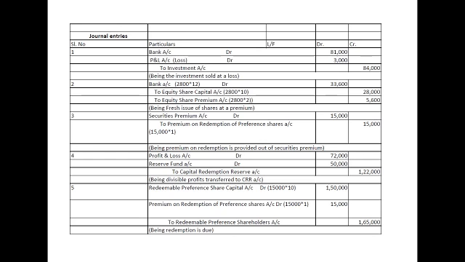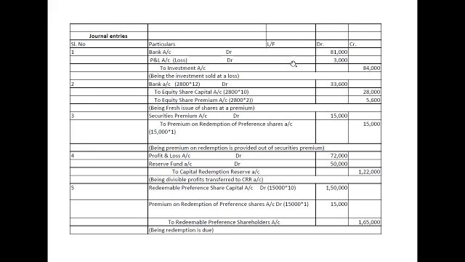Next one, with respect to the fresh issue of shares. So when equity shares are issued, we will receive the money, bank account debit, to the extent 2,800 shares are issued at premium of 20% they gave. If you add 20% premium on 10 rupees, it comes to 2 rupees. So 10 plus 2, 12 per share you are issuing.